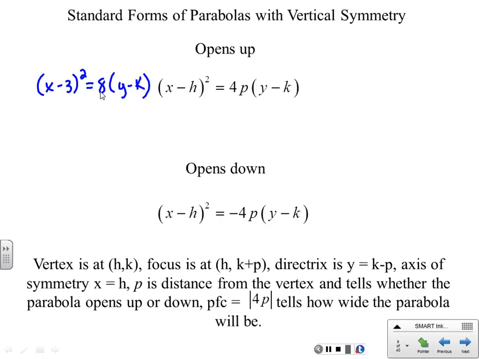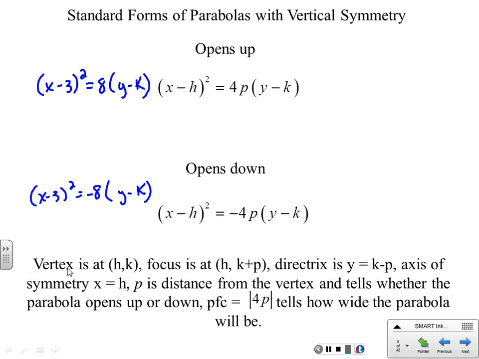The number that's in front of your non-squared grouping, if it's positive, it's going to open up. If it's negative, it's going to open down. So if you had (x minus 3) squared equal to negative 8 times (y minus k), that would open down. So that's the only difference with these two. One opens up, one opens down.